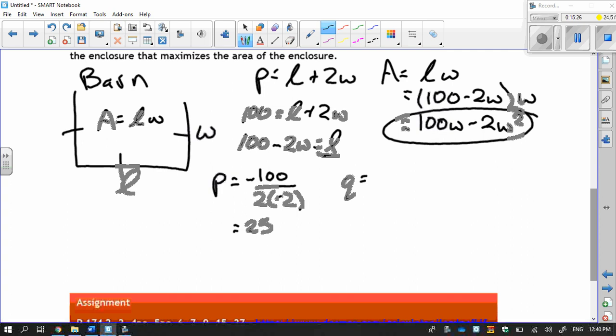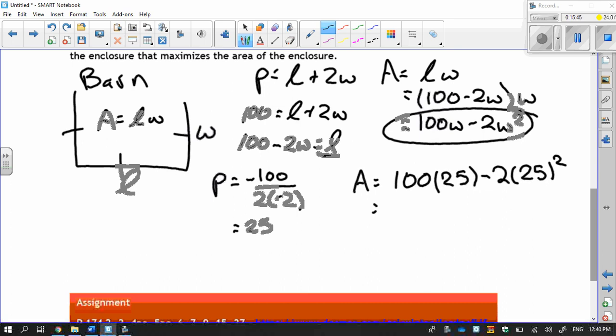So grab your calculators. 100 multiplied by 25 gives us 2,500, minus 2 multiplied by 25 squared, which is 625. That's less ridiculous than I thought it was going to be.